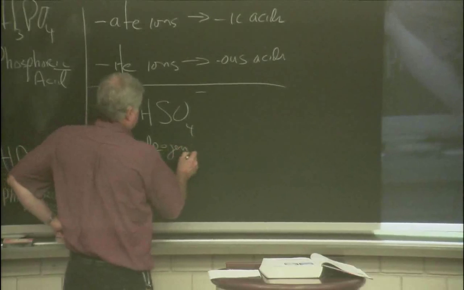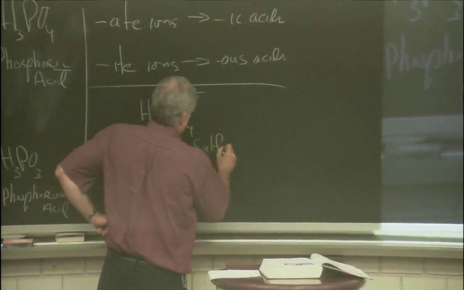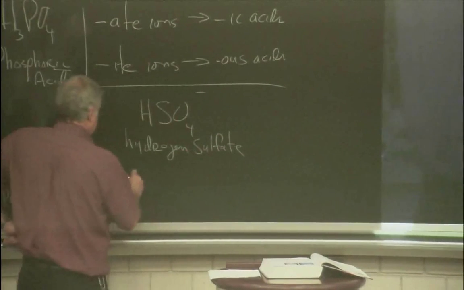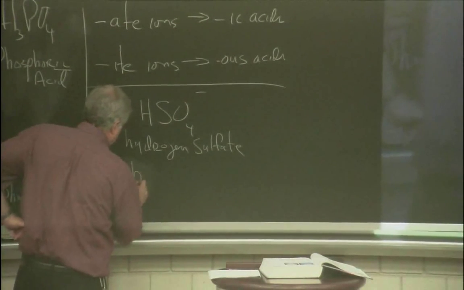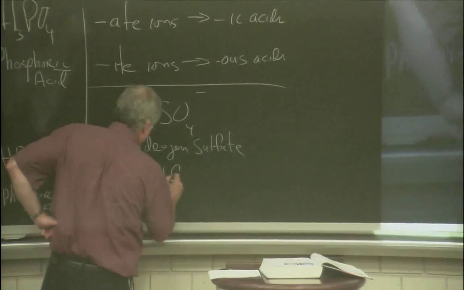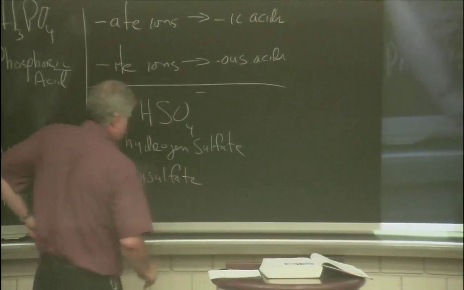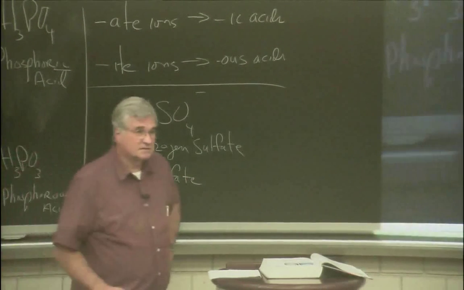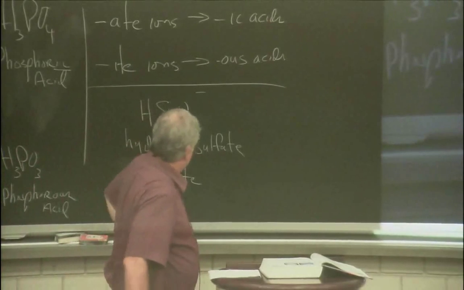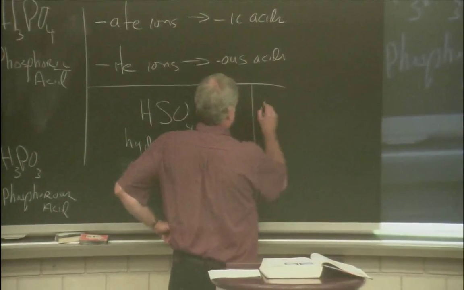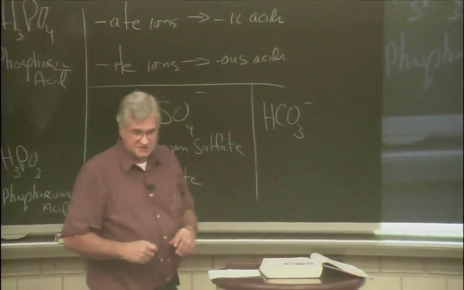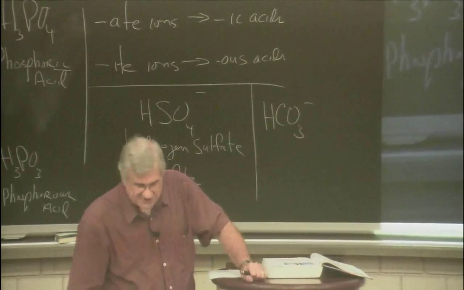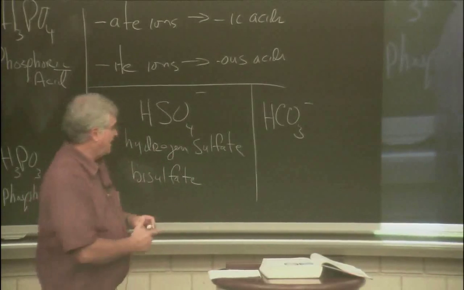There's hydrogen sulfate, and there's an older name that they still use, which is bisulfate. Okay, bisulfate, okay? The same thing with this, HCO3 minus 1. CO3 minus 2, you probably haven't memorized it yet, but that's carbonate. So this would be hydrogen carbonate.